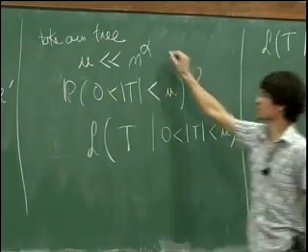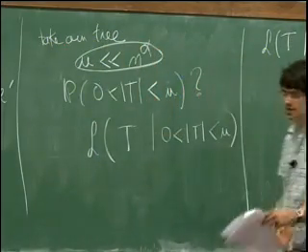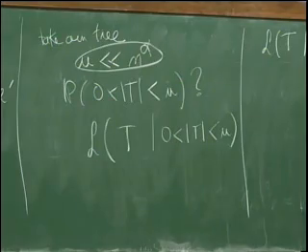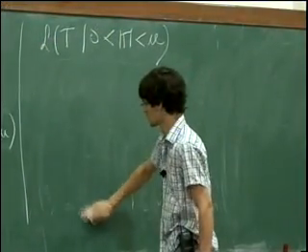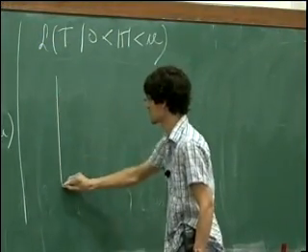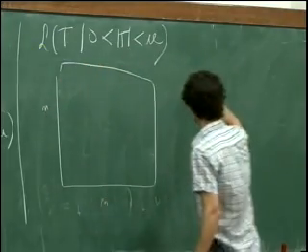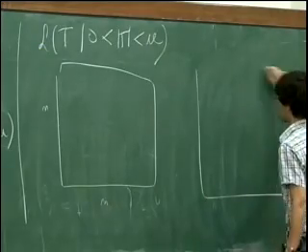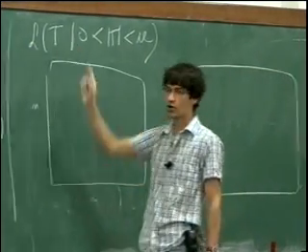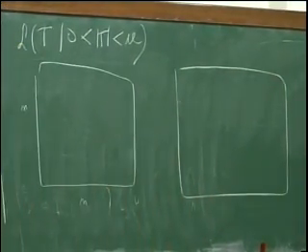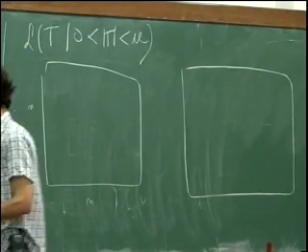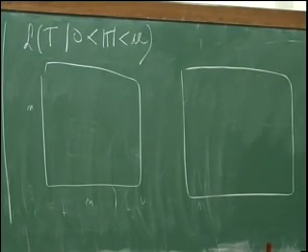So what's important here is that we are much smaller than the typical size. And now there are two scenarios. So let's take our big box, n by n, and we're conditioning our tree to be really tiny.